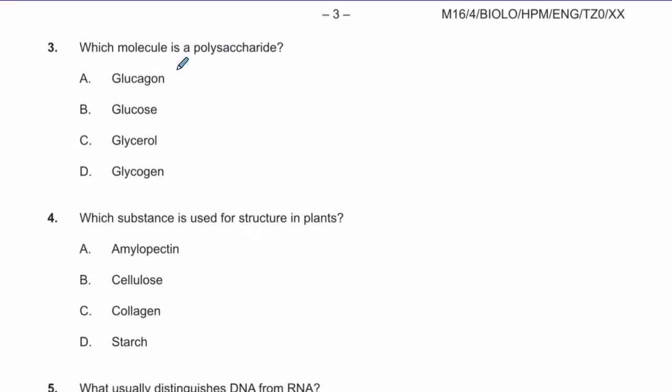Which molecule is a polysaccharide? And the answer is, well, glucose is a monosaccharide, so it's not that.